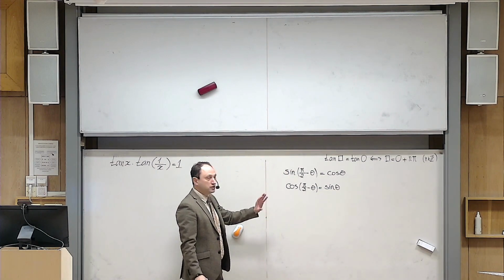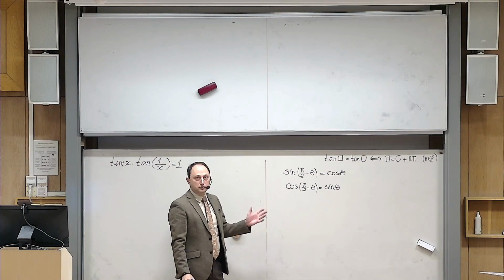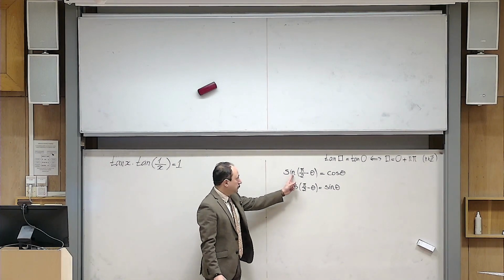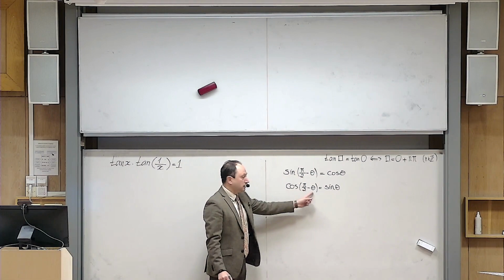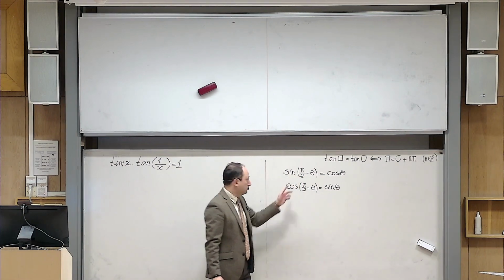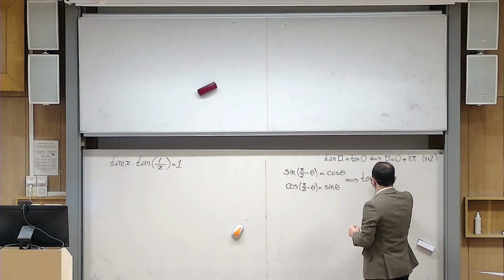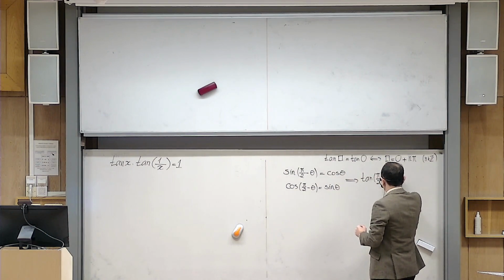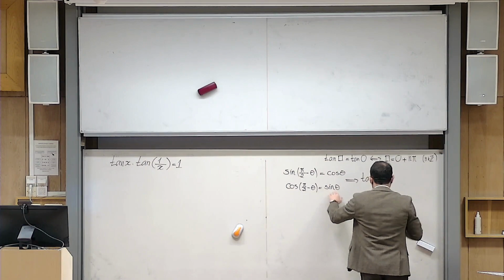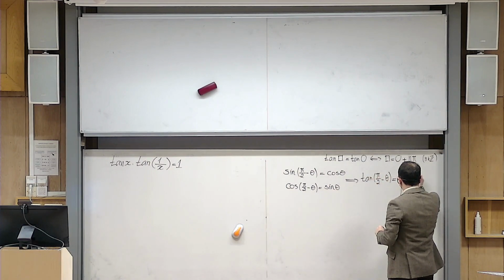I want to conclude something about tangent of complement angles. If I divide sine by cosine of the same angle, it becomes tangent of pi over 2 minus theta, but then I divide this by that one, which is cosine theta over sine theta.